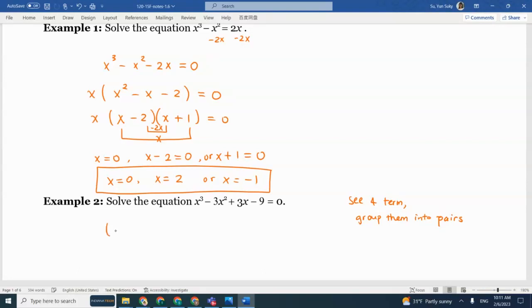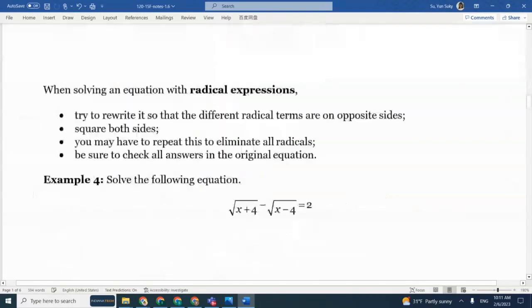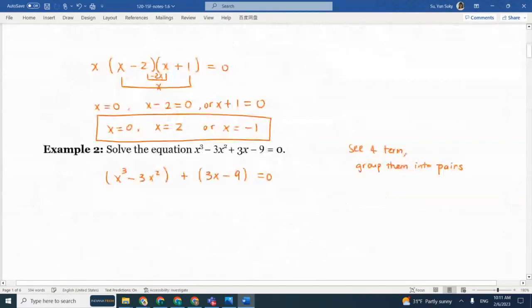Here we're grouping the first two terms together and the last two terms together, right? And then we factor it.